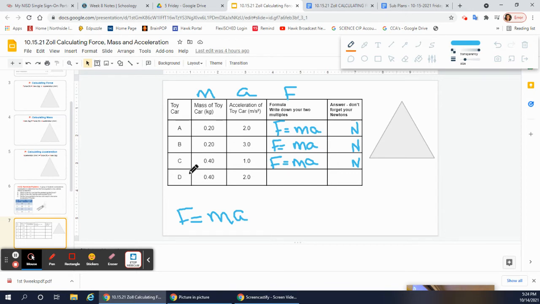Okay, and now we want to get the applied force on car D. So our applied force, our net force being applied on the car, we want to do mass times acceleration. So mass times acceleration, okay, and then put your answer here in newtons.